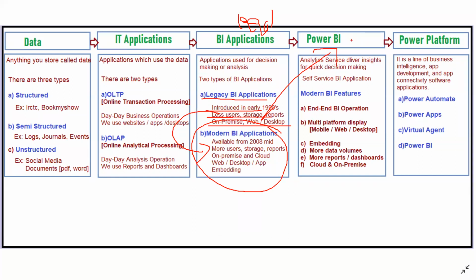Power BI has modern BA features which you don't find in the legacy tools. Even among contemporary tools in the modern category, such as Tableau, QlikView, and many others, you will not find the features which Power BI has. That's the reason it is ruling the market. Now, modern BA features, Power BI. I'll explain these features. Power BI is one of the components under Power Platform since 2019.